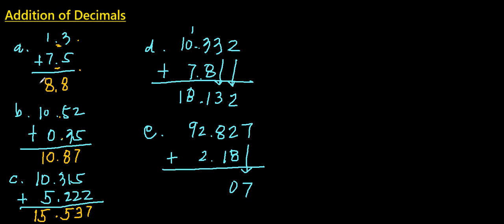Then 2 plus 8 is 10, carry 1. 1 plus 8 plus 1 is also 10. Carry 1, bring down the decimal point. 1 plus 2 plus 2 is 5. Then bring down 9. So the answer is 95.007.